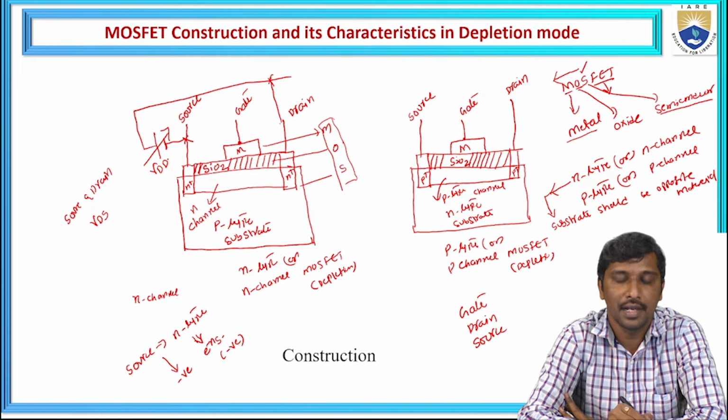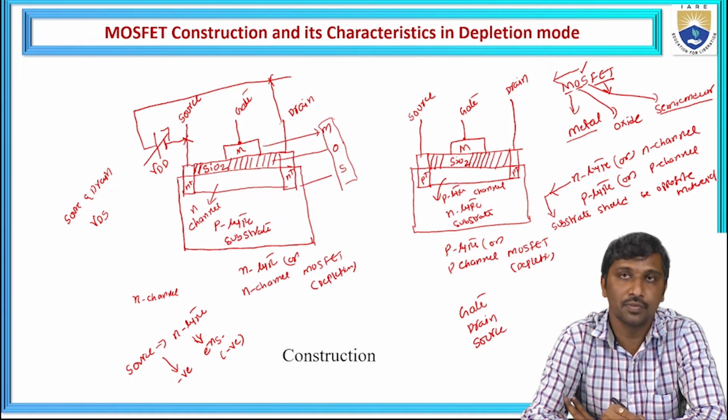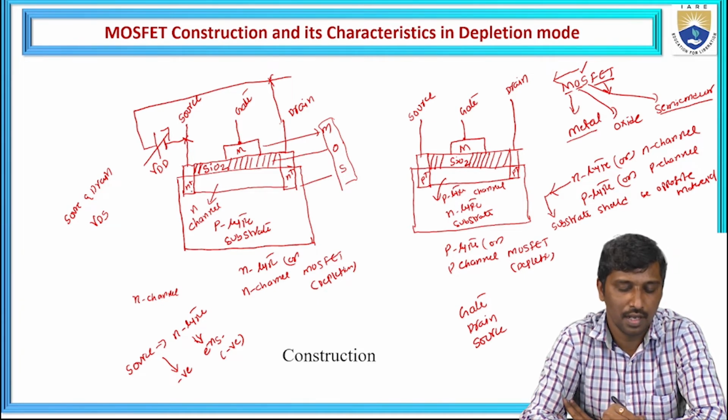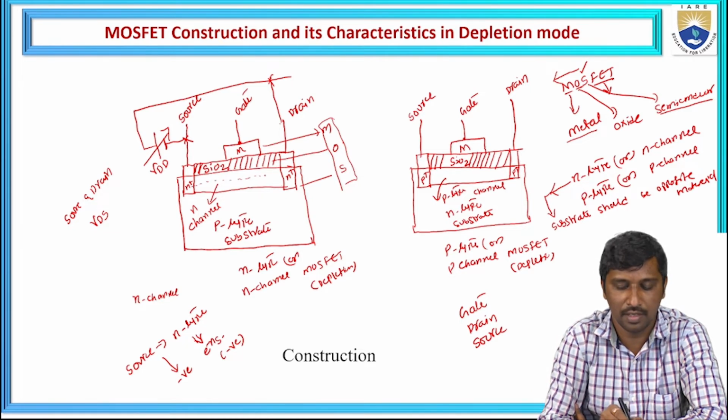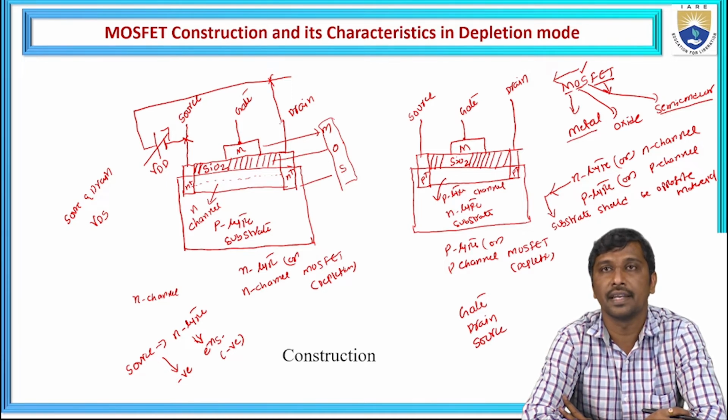Due to the applied electric field between the source and the drain, and because this is an n-type source material, the majority charge carriers, that is electrons, are repelled from the source to the drain to allow the flow of current.